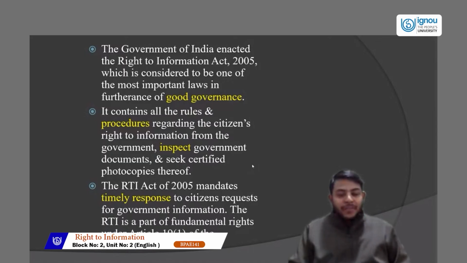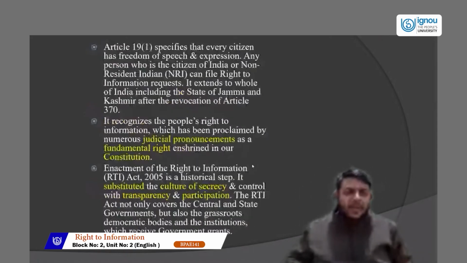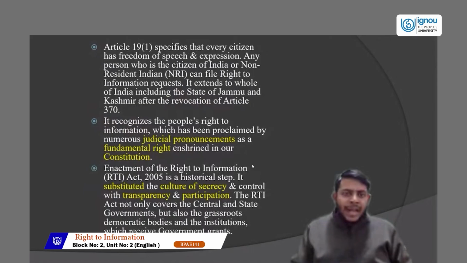And this RTI is a part of the fundamental rights we have already discussed under Article 19, Clause 1, Subclause A of the Constitution. So Article 19, Clause 1 specifies that every citizen has freedom of speech and expression. And any person who is a citizen of India or an NRI can file an RTI request.